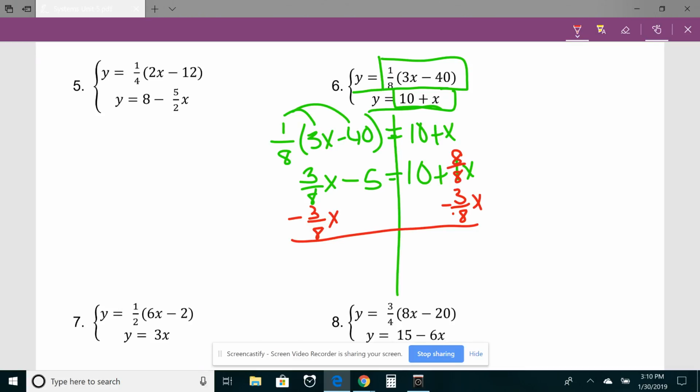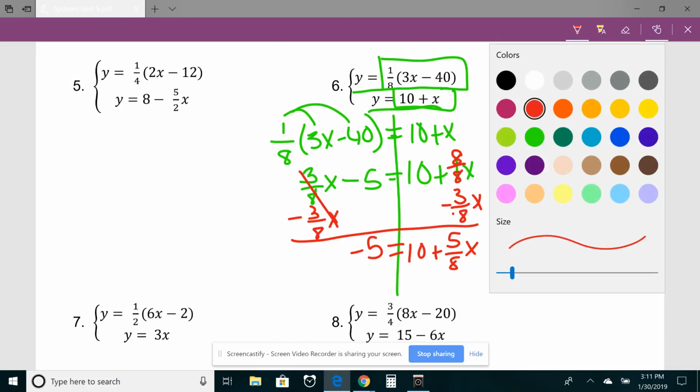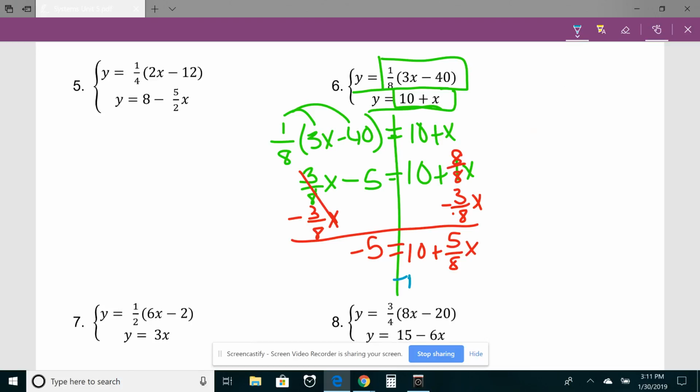So 8 over 8 minus 3 over 8 is 5 over 8. Then I'm going to minus 10 from both sides. And I'm going to continue my work over here. So we get negative 15 equals 5/8 x.